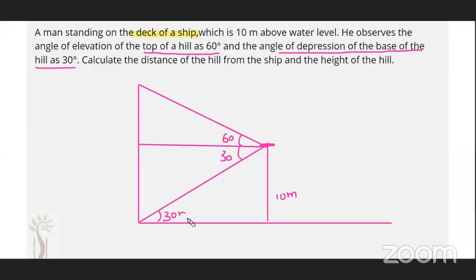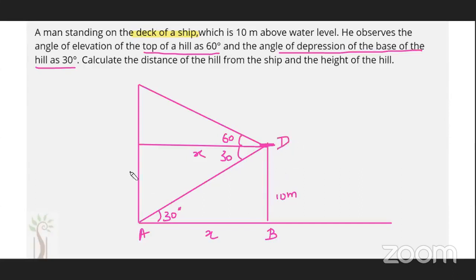What do we have to find? The distance of the hill from the ship. So that means AB, that is X. And what do I have to find? The height of the hill. Can I say CA and BD are equal, 10 meters?